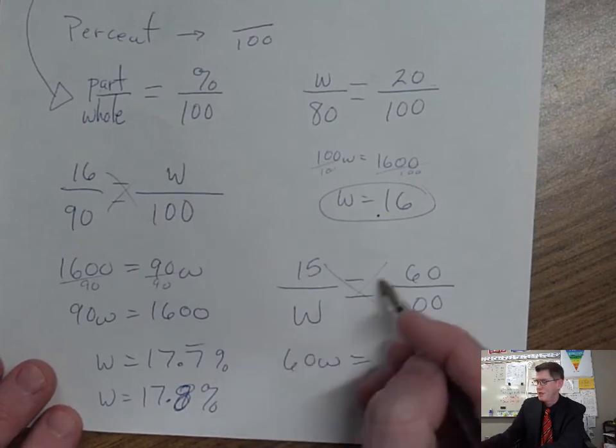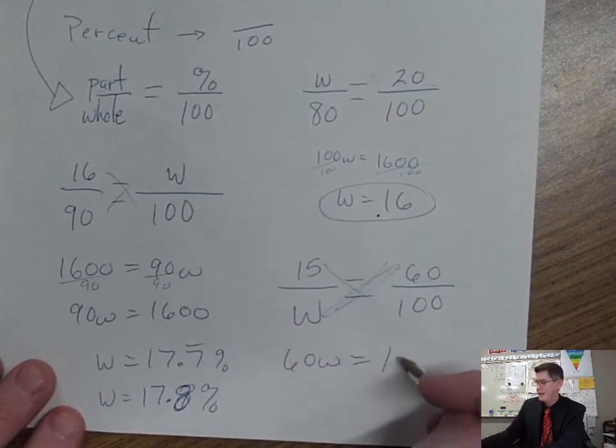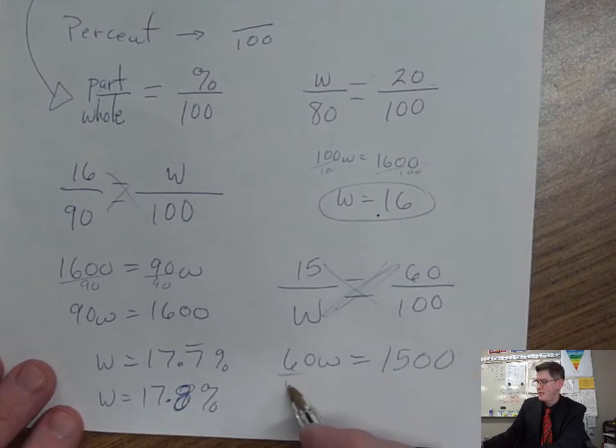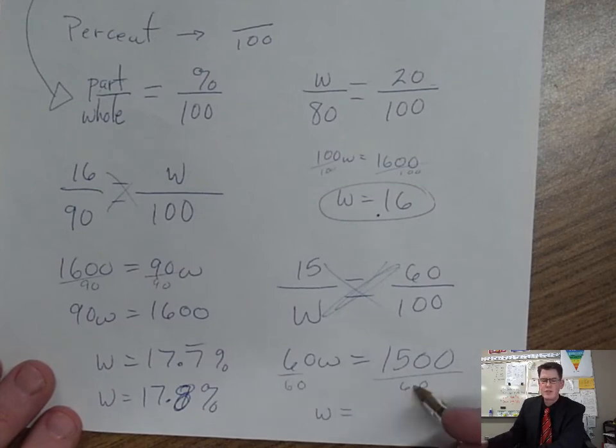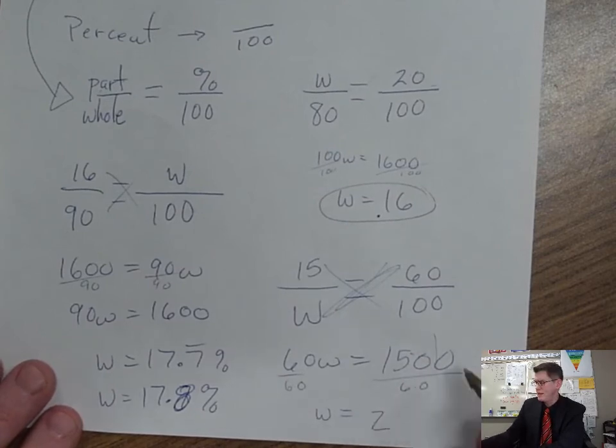60 W's equals 1500. Divide both sides by 60. Your calculator will give you the answer. Can I do this in my head? 60 goes into that twice. 30 left, 300 left over. I think it's 25.